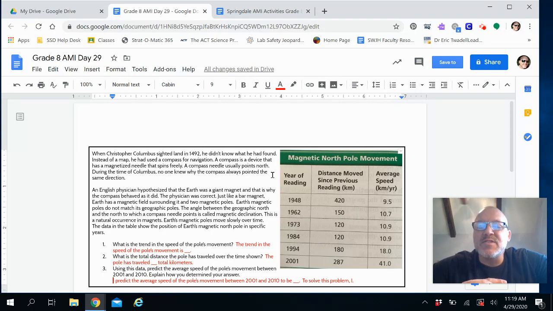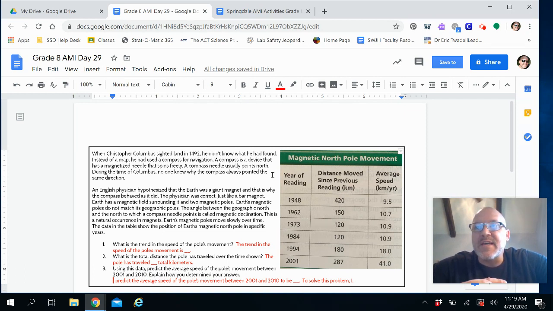In question number three, it says, using this data, predict the average speed of the pole's movement between 2001 and 2010. Explain how you determined your answer. In order to make this prediction, you might make a graph of this data and look at what trend the graph shows in order to predict for 2010.